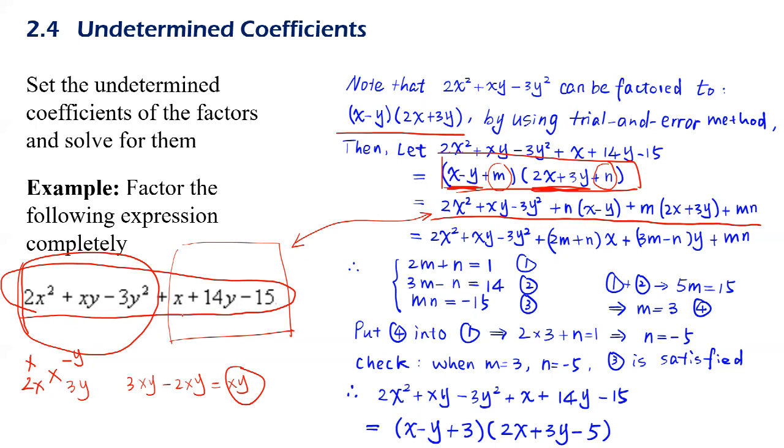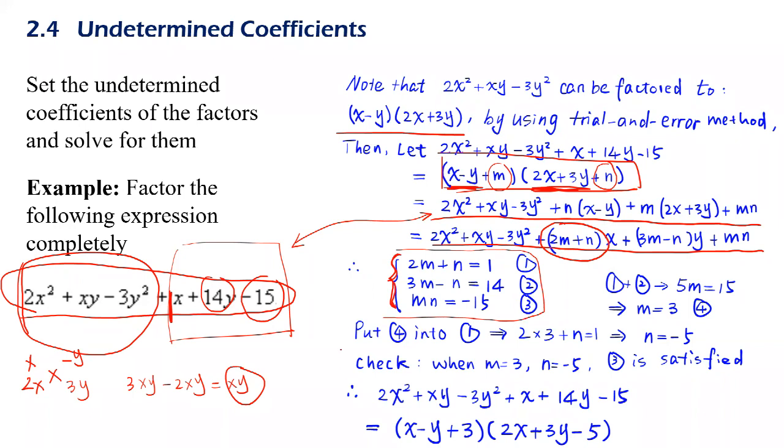In order to keep the two expressions identical, we need to ensure each coefficient corresponds to the coefficient in the original expression, right? So first of all, 2m plus n equals 1, and then 3m minus n is 14, and then the product of m and n should be minus 15, right?